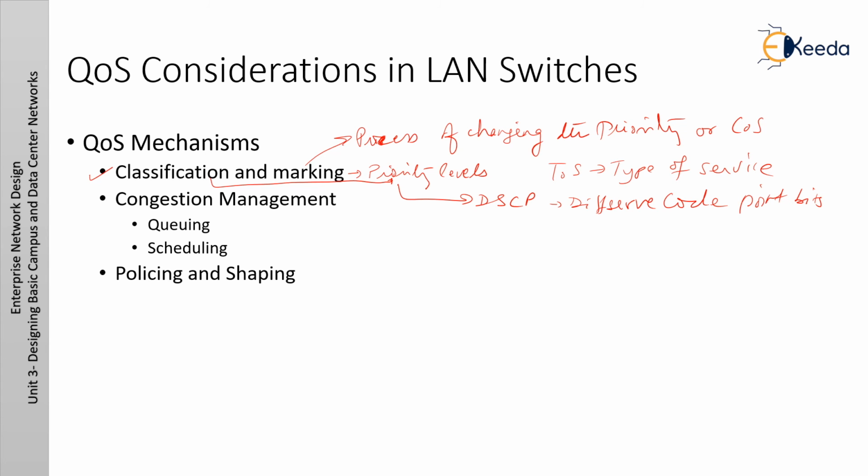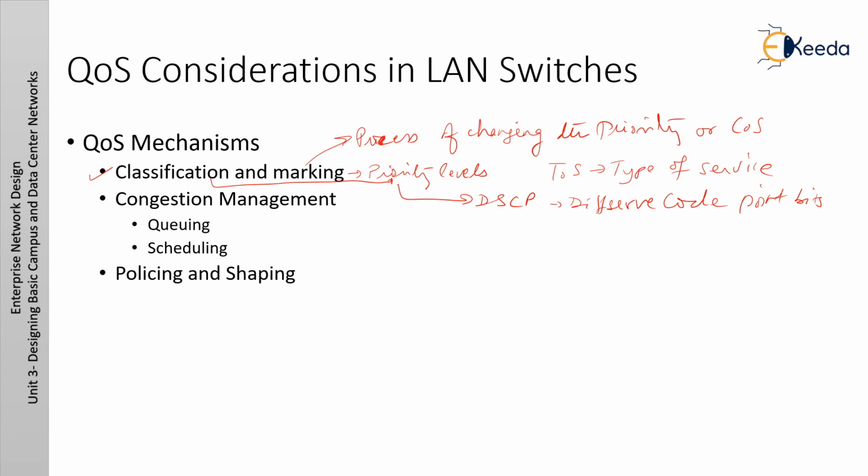With IntServ, that is integrated service, an application request service from the network and the network devices confirm that they can meet the request before any data is sent. The data from the application is considered a flow of packets.